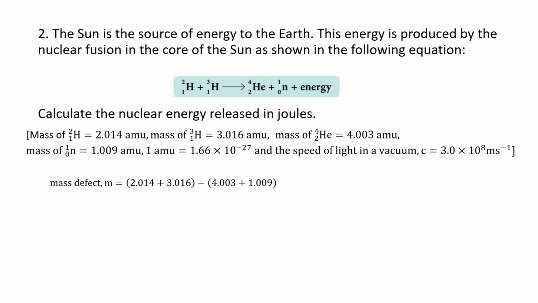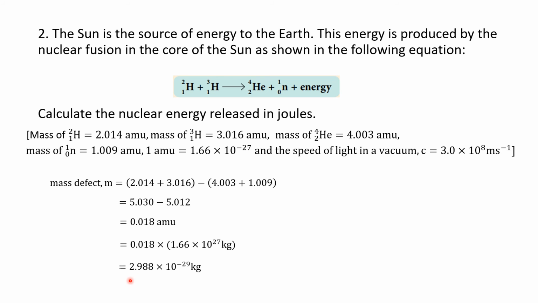Okay, same as before, the mass defect is equal to the total mass before nuclear reaction minus the total mass after the nuclear reaction. And then you will get the answer in AMU and convert it into kilogram.